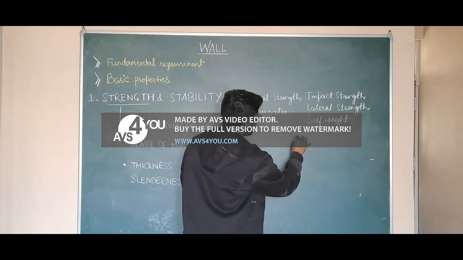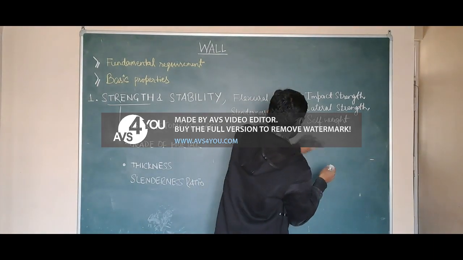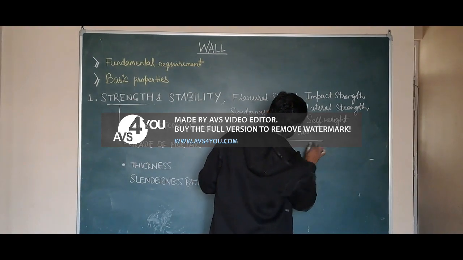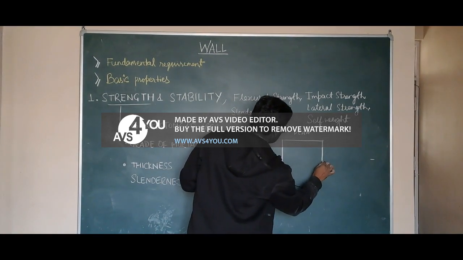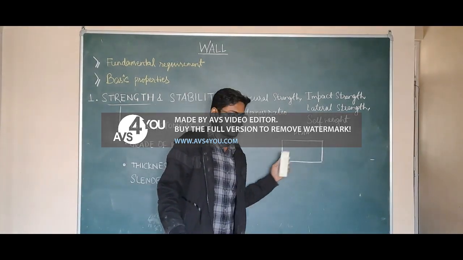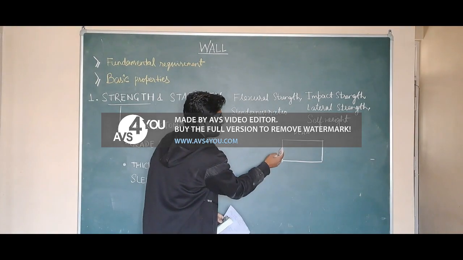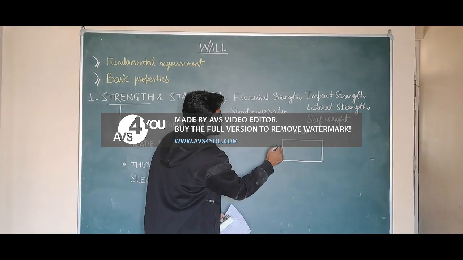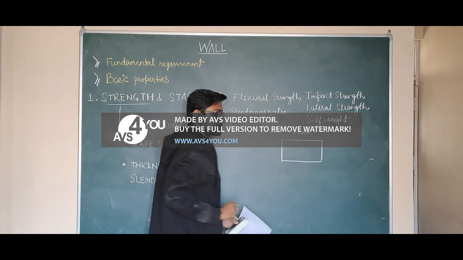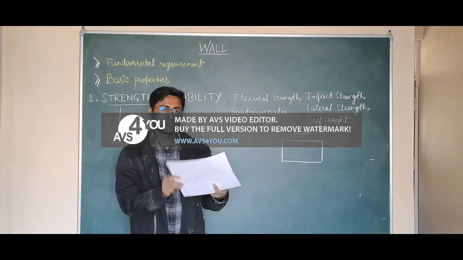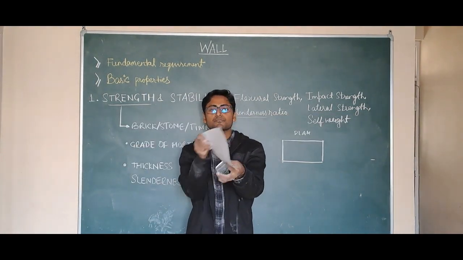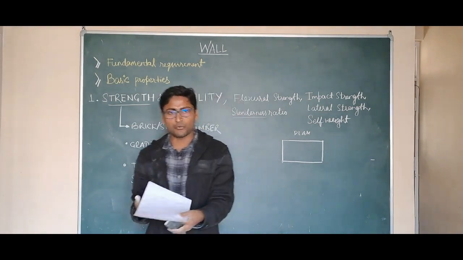So suppose we have a wall, and this is the plan, and the building is moving like this. In that case, this wall will tend to topple this way or this way, and this wall also. But this will try to control it, right? For example, if the building is moving something like this, this wall may easily topple or fall.